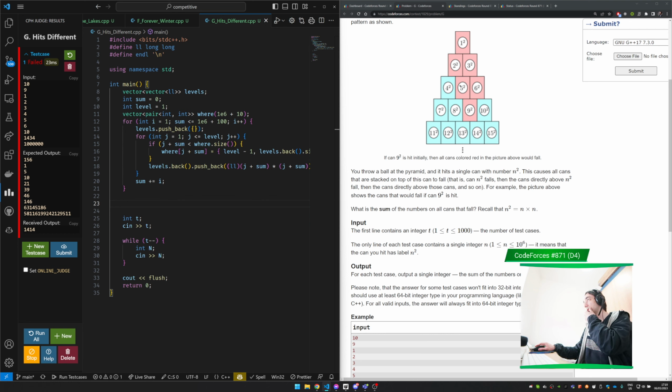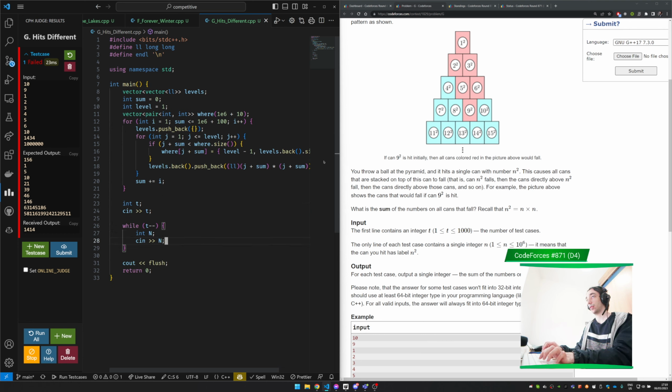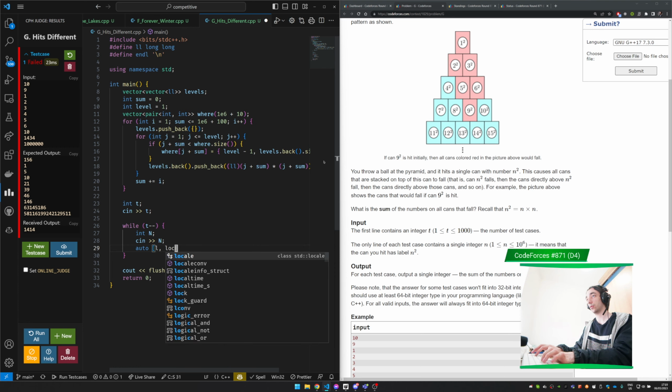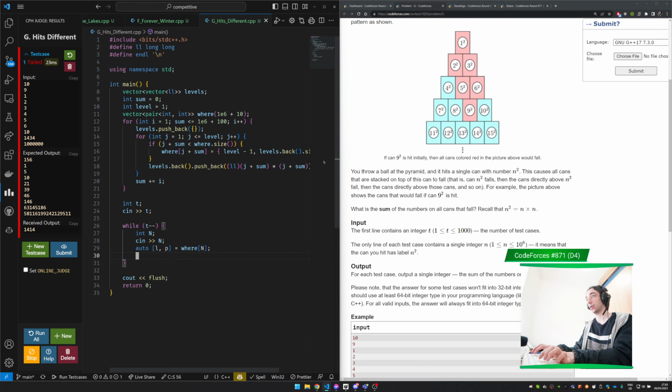So on the previous layer, first we find where that is, level and location. Position is where I am.